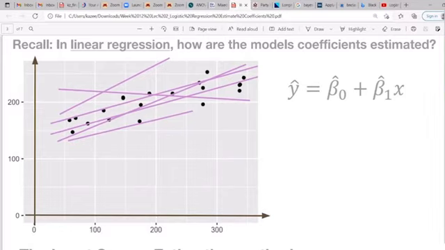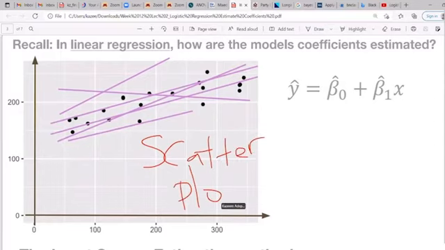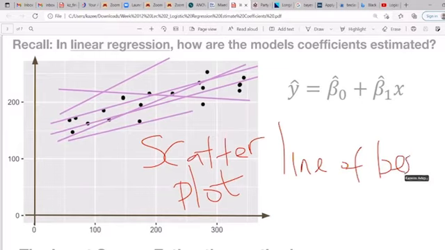When we plot the response variable against the predictor, we have what we call a scatter plot, and we are looking for the line of best fit.